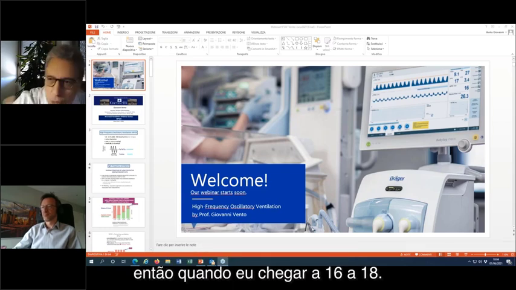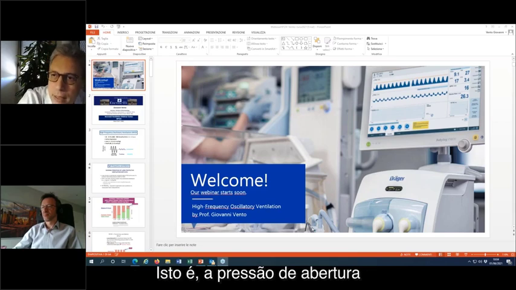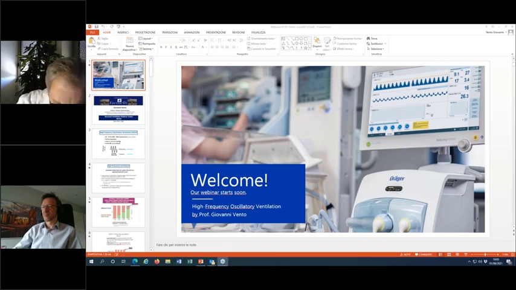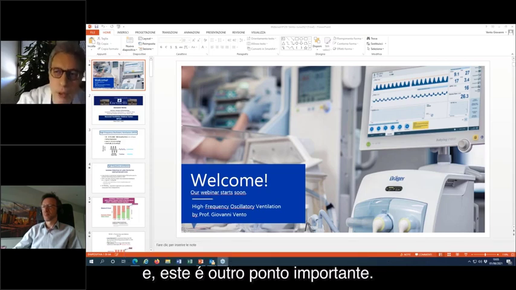Then when I arrive to 16, 18, okay, this is my opening pressure. I will start to reduce the mean airway pressure until oxygenation deteriorates. And this is another important point.